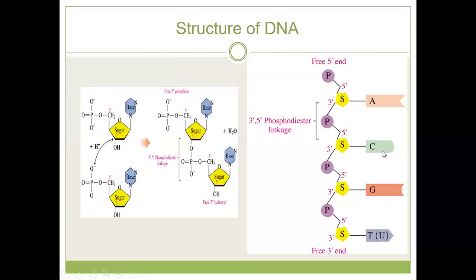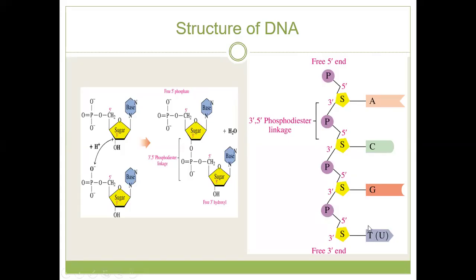The next one now is what? This one is deoxycytidylate. So now, which nucleotide will bind to this deoxycytidylate? Deoxyguanylate, yes. And through how many hydrogen bonds? 3 hydrogen bonds, yes.